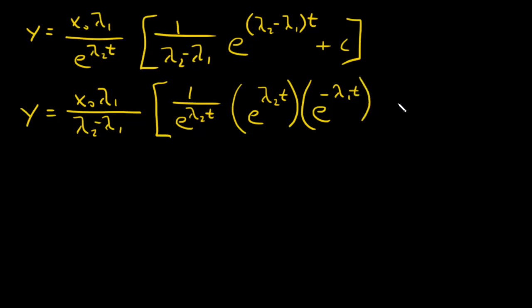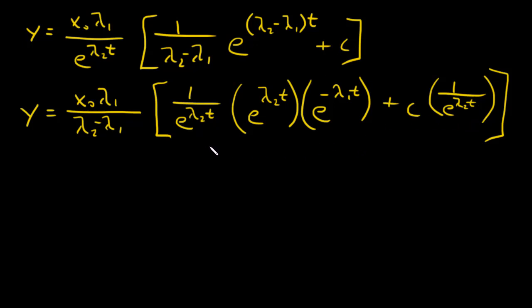And then all of that, I'm going to have plus c times 1 over e to the lambda 2t, because I distributed. I took this e to the lambda 2t and multiplied it by the c. So I can't forget that I have that.